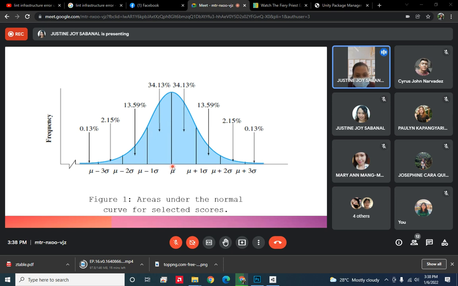So, ang sinasabi lang ng property number 2, lahat po ng measures of central tendency ay magkakatulad ang value pagdating sa normal distribution. So, kung ang mean ay 10, it follows na yung median, yung mode, ay 10 din po ang value. So, mas madaling mag-identify pag normally distributed yung information.